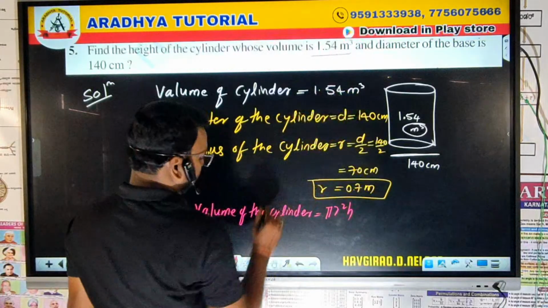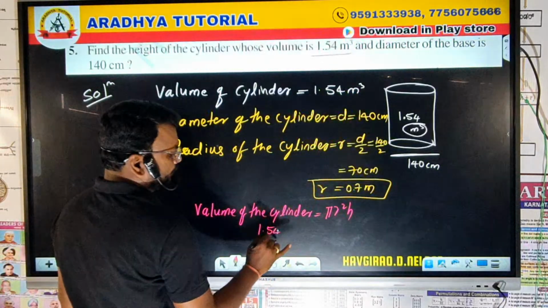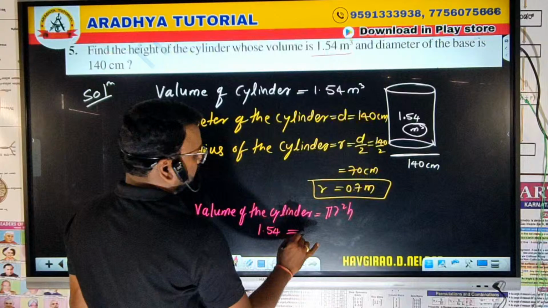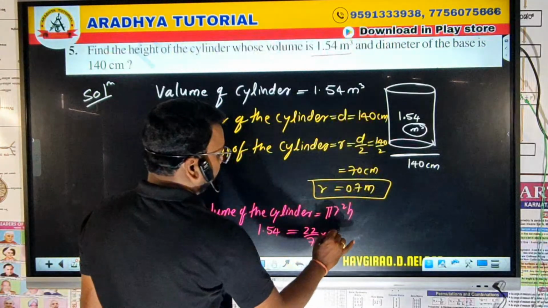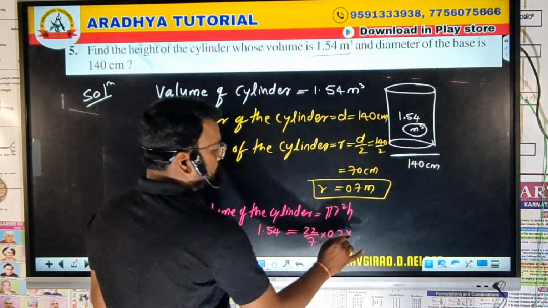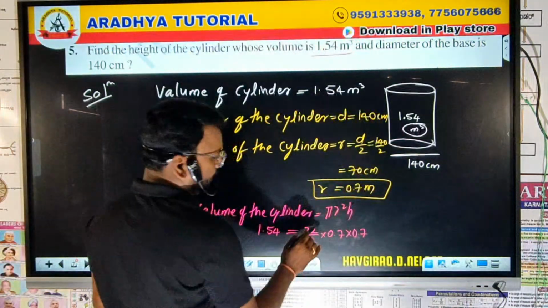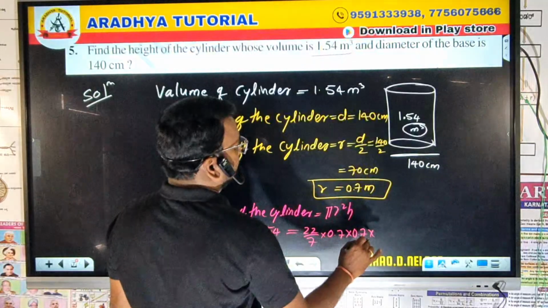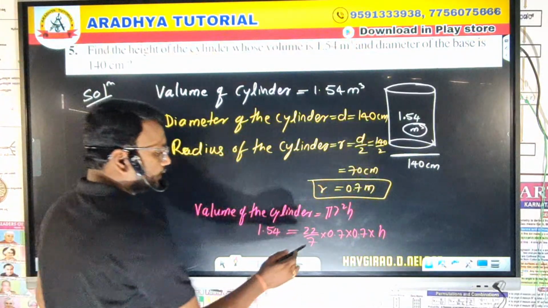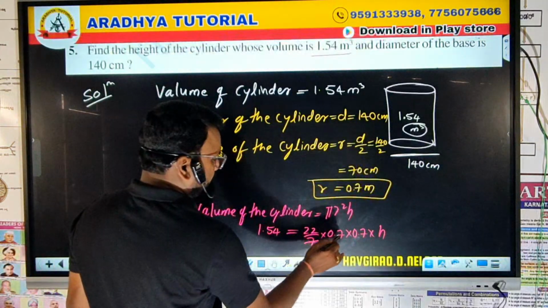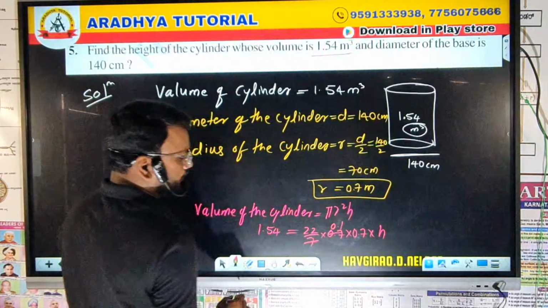Volume of the cylinder is 1.54 meter cube, that is 22 divided by 7 into r is 0.7 into 0.7, because r square. H is the height of the cylinder, we don't know, we have to find that. 7 on the 7, 0.1.